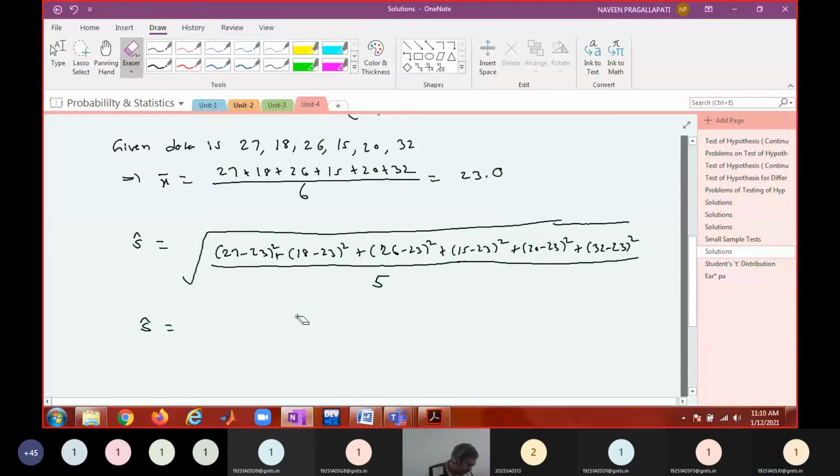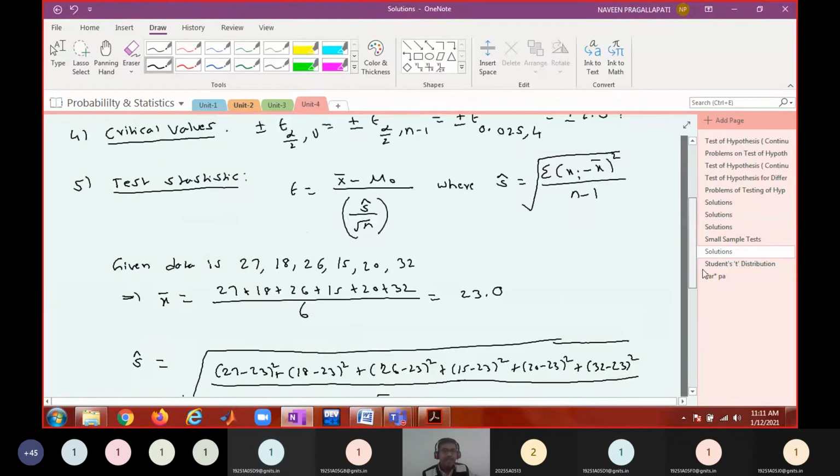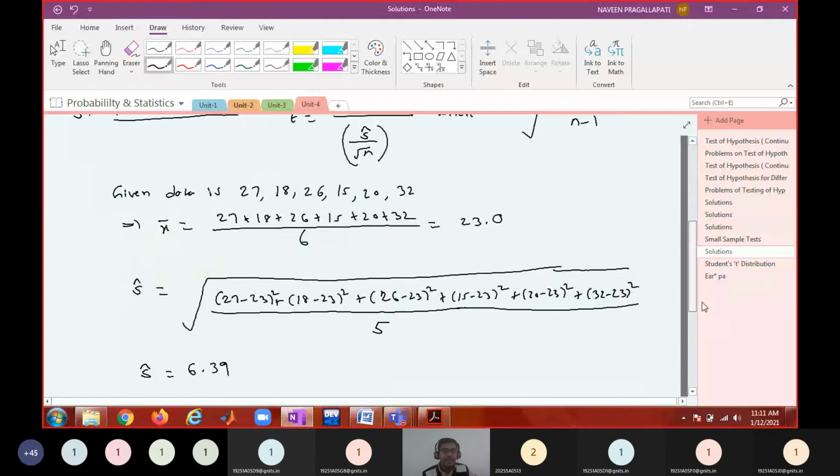I think they have computed a different value: 6.3874. So when you round to 2 decimals, 6.39. Okay, so we should take this value, 6.39. Now using all these values, you compute t.